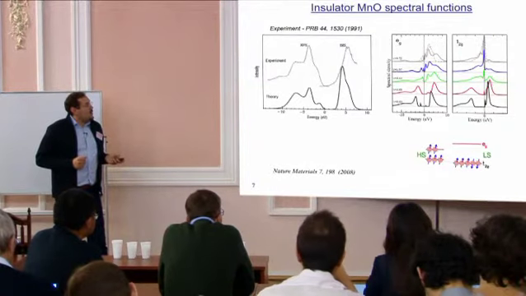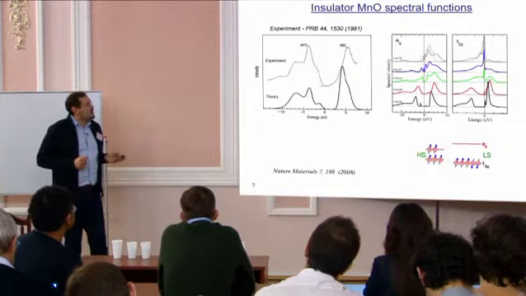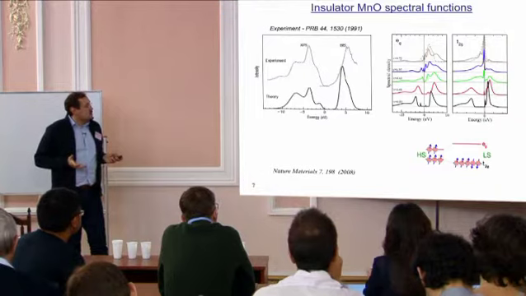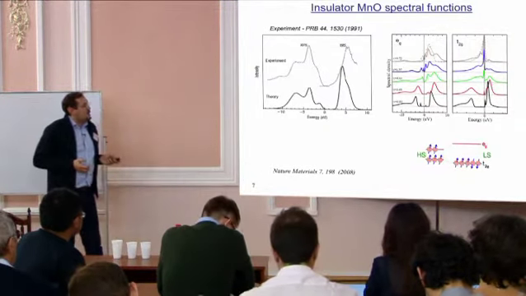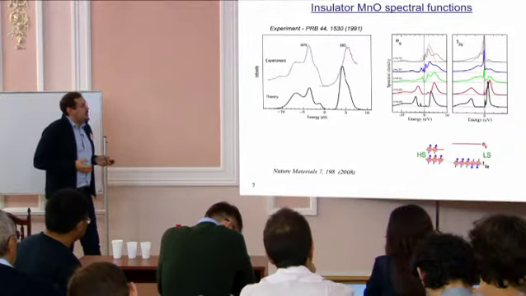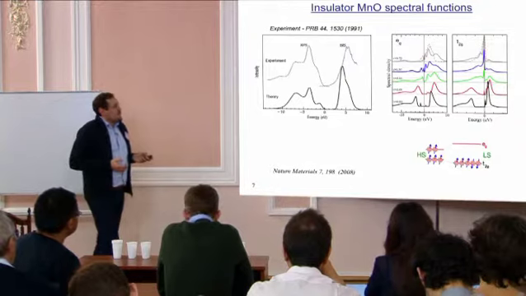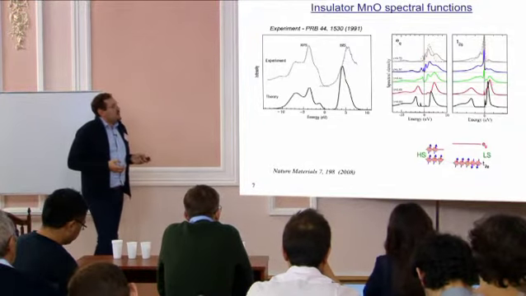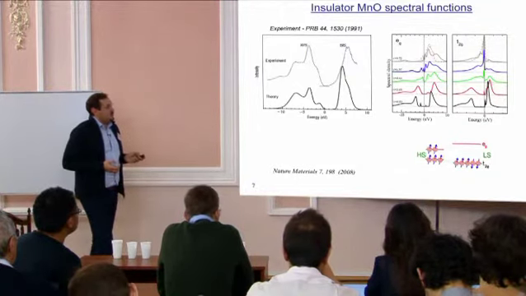The first result is shown here. This is the final density of states, the spectral function calculated from the LDA plus DMFT method in comparison with experimental results. This graph shows results for applying pressure onto this compound.